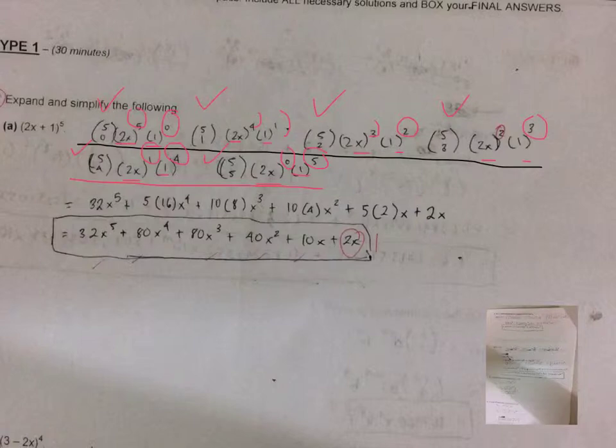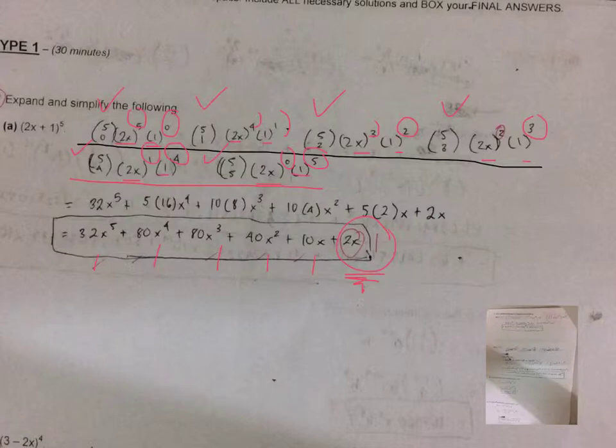Now the problem happened in simplifying some of the terms. Actually, you only simplified one term incorrectly. You were able to find the first, the second, the third, the fourth, the fifth, except for the last term. So this was your mistake.